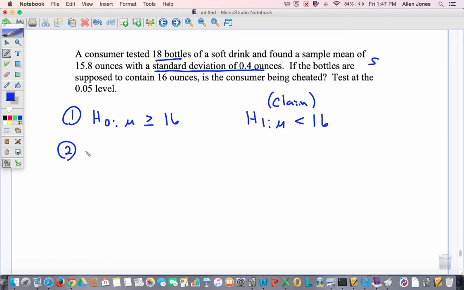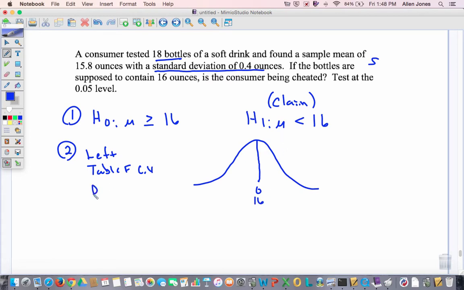So that moves us on to step number 2. First thing I would note is we have not a right-tailed test, but a left-tailed test because of the less than. We also use table F for our critical values because of the sample standard deviation. Still going to continue to draw our curve here. Our curve for a t-distribution is somewhat similar to a normal distribution, just a little bit different.